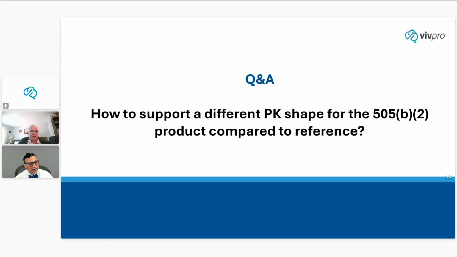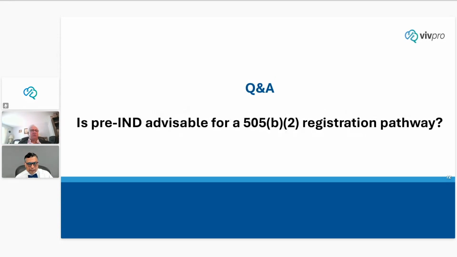Yes, in this case, you're absolutely right. But in other cases, it's very simple, like you just change the salt. I don't think there's anything to discuss. You just do it, and it's very straightforward. Or if you're trying to get a second modified release formulation on the market that is equivalent to an already existing modified release formulation, in this case the pathway is much easier.